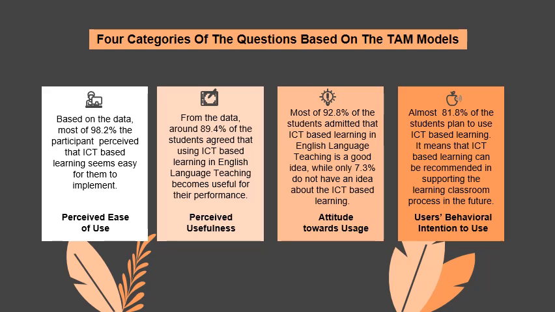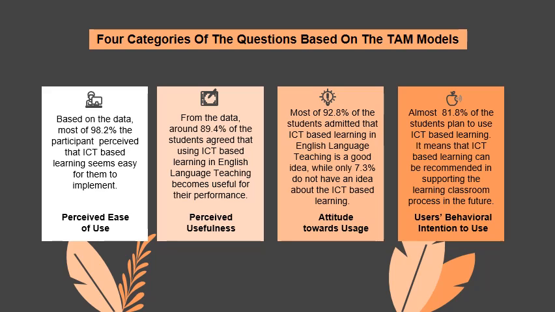And the second one is perceived usefulness, or you can call it PU. In this study, PU refers to the degree that ELT students believe that using ICT-based learning would enhance their English language teaching performance.